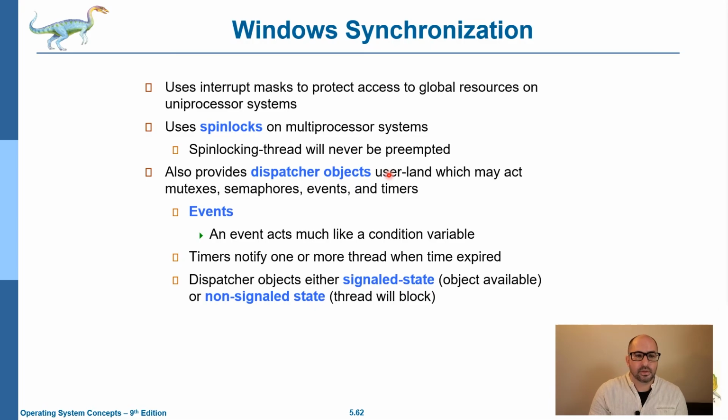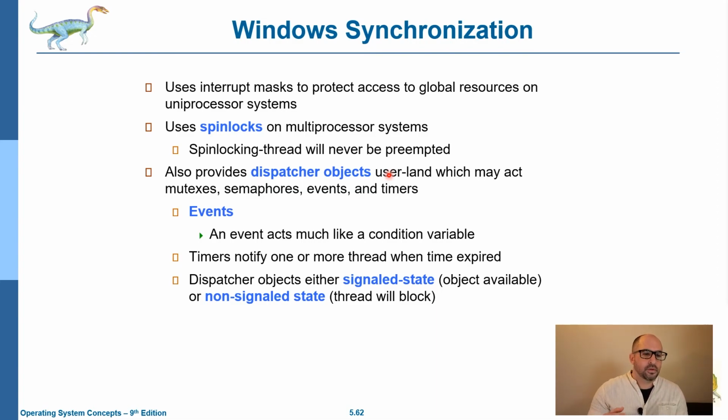But in general, interrupt masks are how we prevent access to shared data from being a problem. So we create critical sections by masking interrupts. And as we talked about earlier, on multiprocessor systems that doesn't scale well, so spin locks will be used instead. And a thread that is spin locking cannot be preempted.